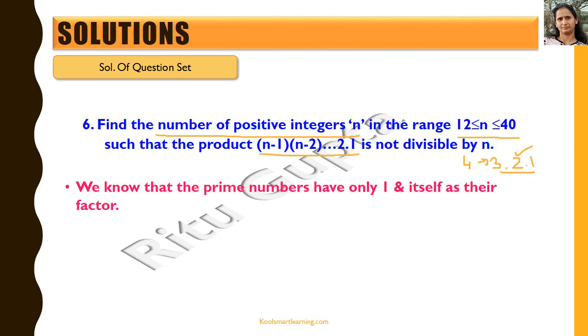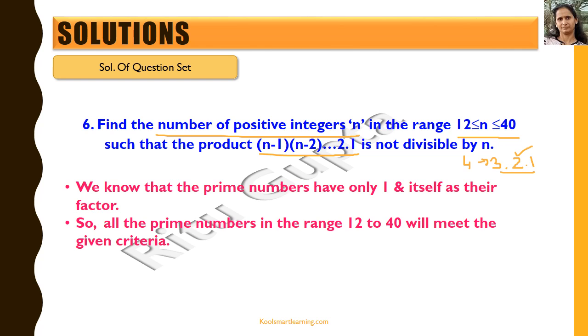So for any non-prime value of n, if we find n minus 1 into n minus 2 into n minus 3 till 1, its factors will definitely appear in the product. So the product will be divisible by n. That means the only possible values are the prime numbers between 12 and 40.